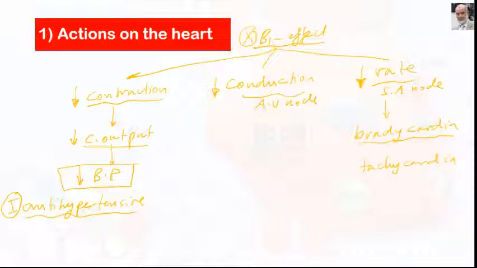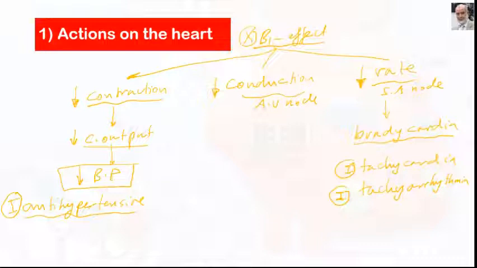They are indicated in cases of tachycardia, which is known as tachyarrhythmia. So this is an indication, the treatment of certain types of tachyarrhythmia. Okay, this is the second application.